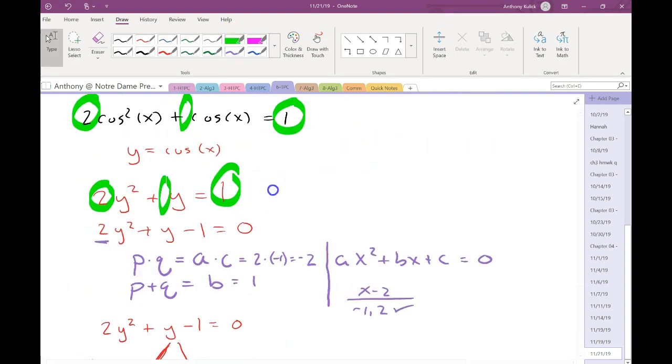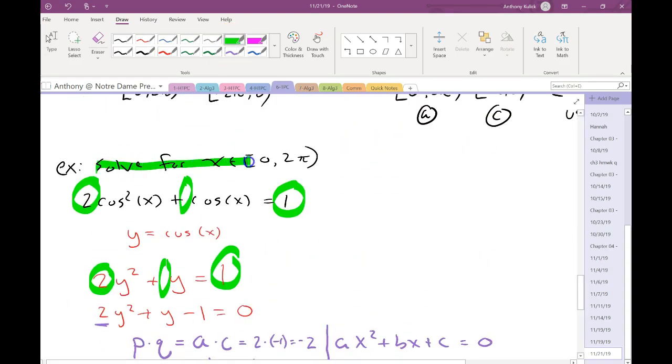So what were we trying to solve for? We're supposed to be solving for x on the interval 0 to 2 pi. What did we solve for here? Y. So what we're going to need to do is substitute back in cosine x in place of y.